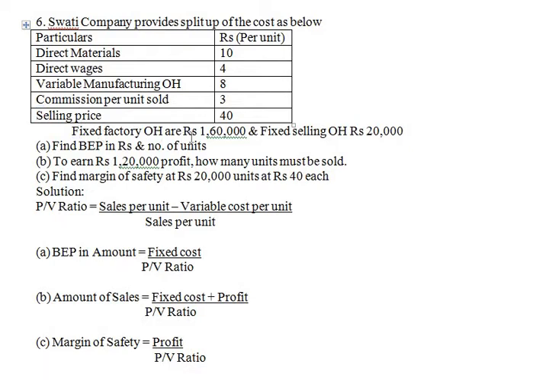Fixed factory overheads are rupees 1,60,000 and fixed selling overheads rupees 20,000. Find BEP in rupees and number of units. Second one is to earn rupees 1,20,000 profit, how many units must be sold? Next is find margin of safety at 20,000 units at rupees 40 each.